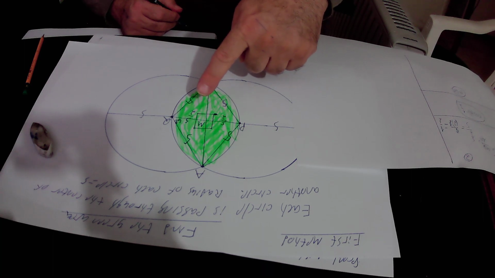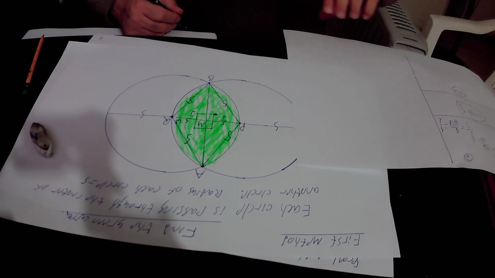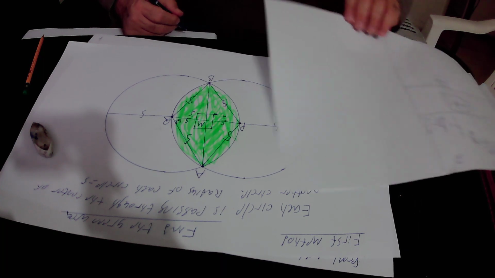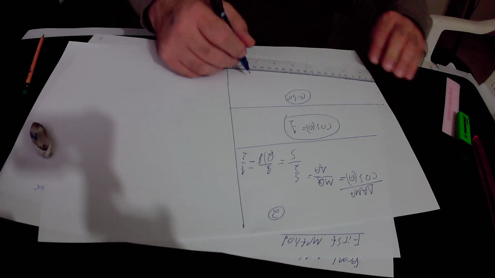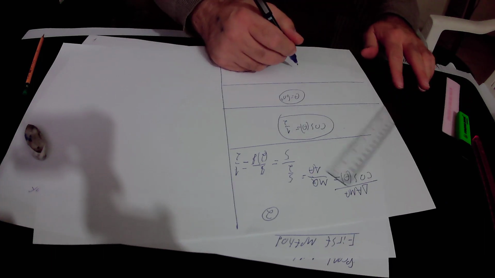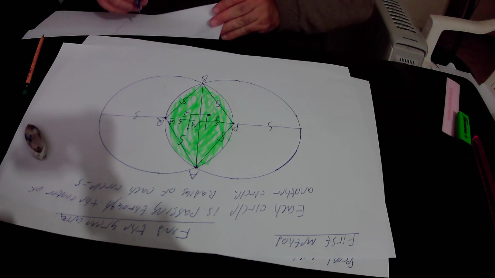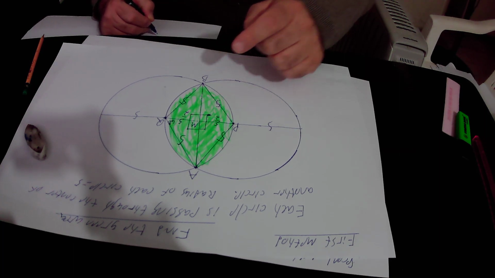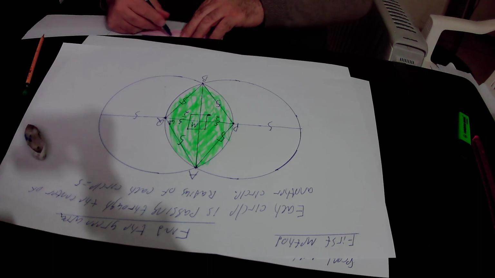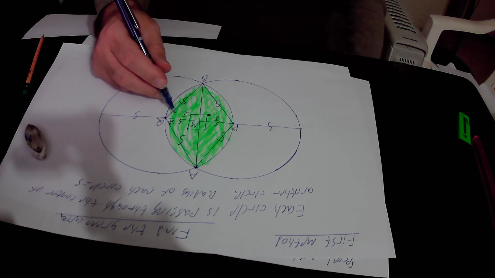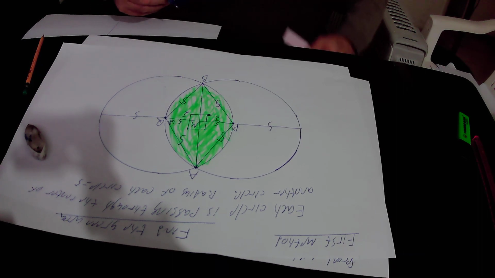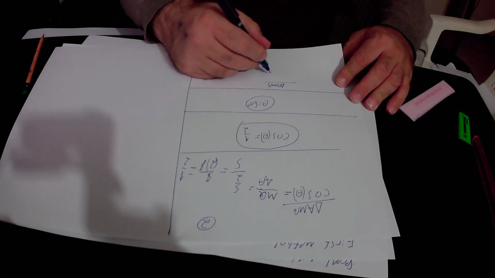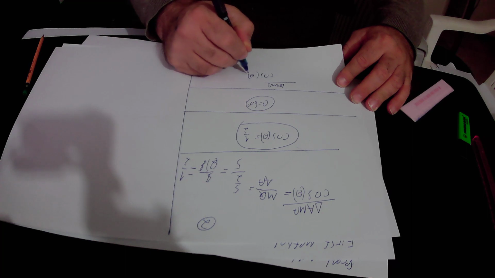Likewise, in triangle QMB, if we define this angle as angle theta, then cosine theta will be equal to 5 over 2 over 5.